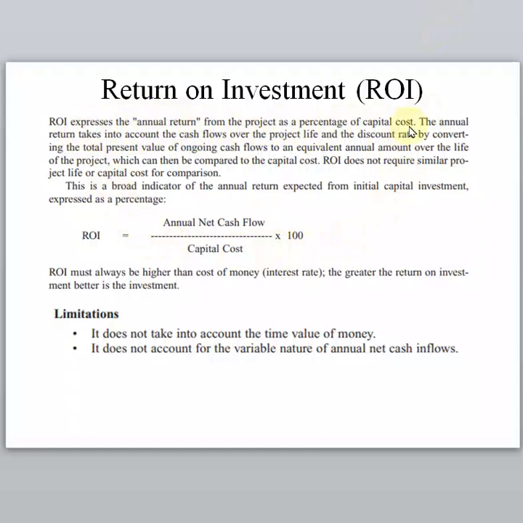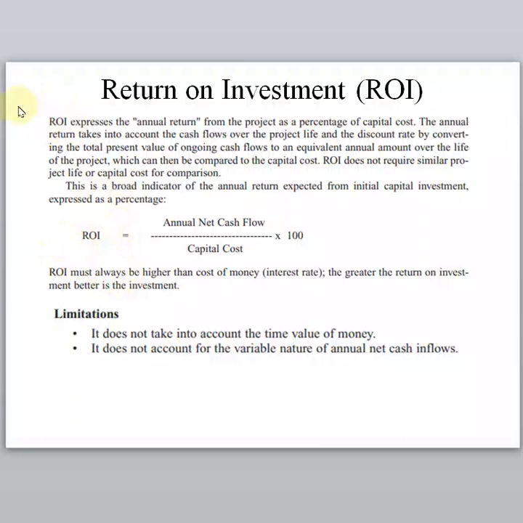For example, if you are investing 1 crore in a startup whose capital cost is around 100 crores, you have 1% of equity in your pocket.